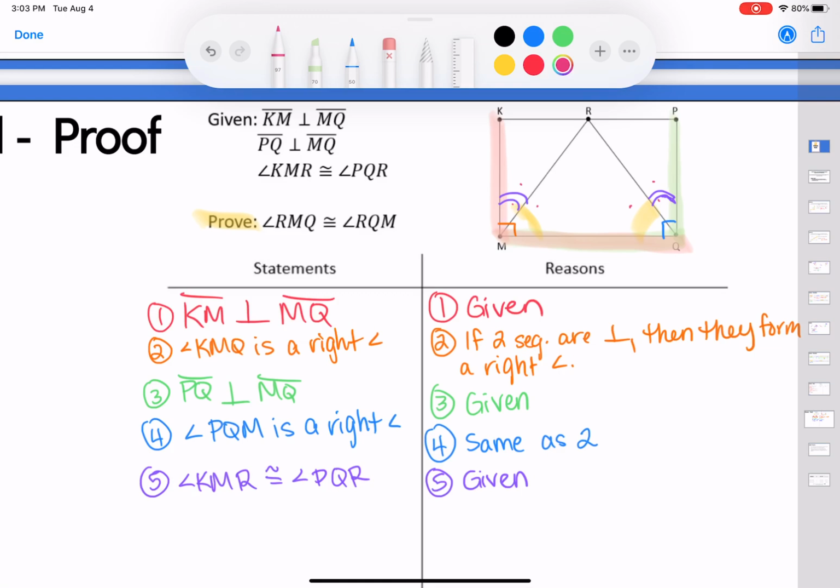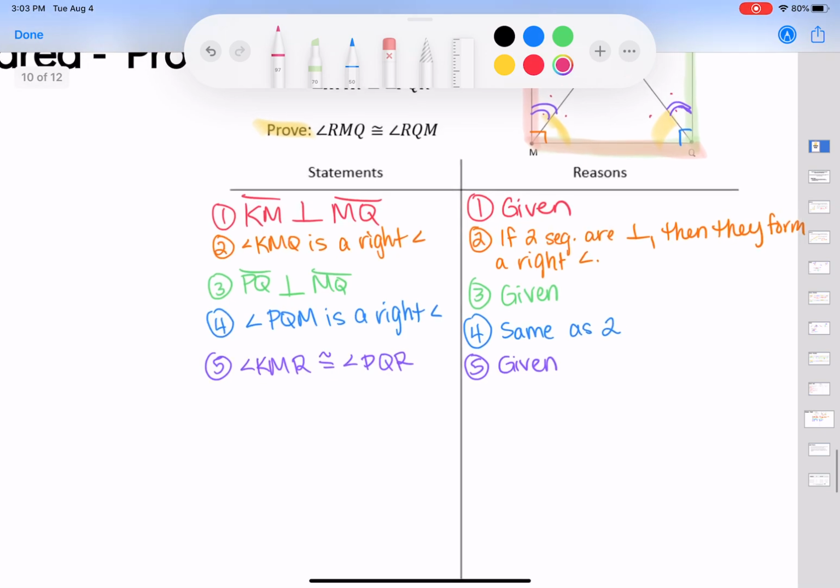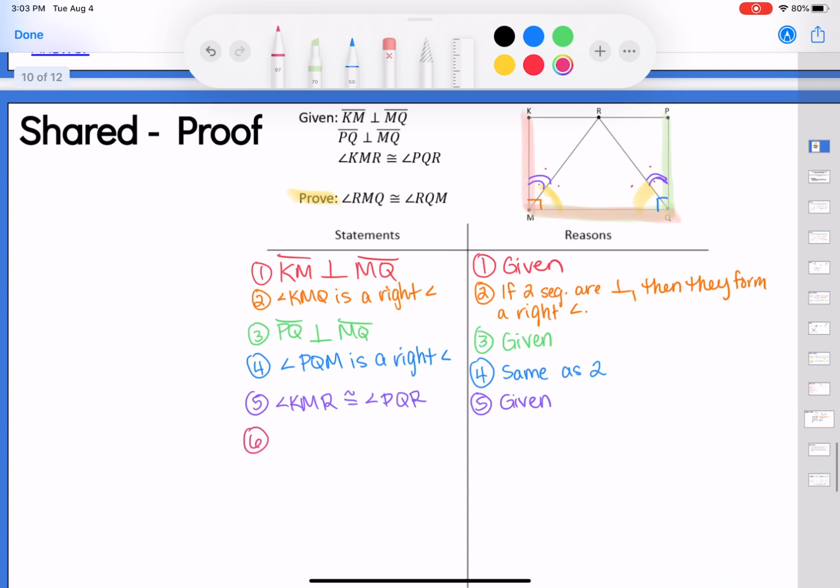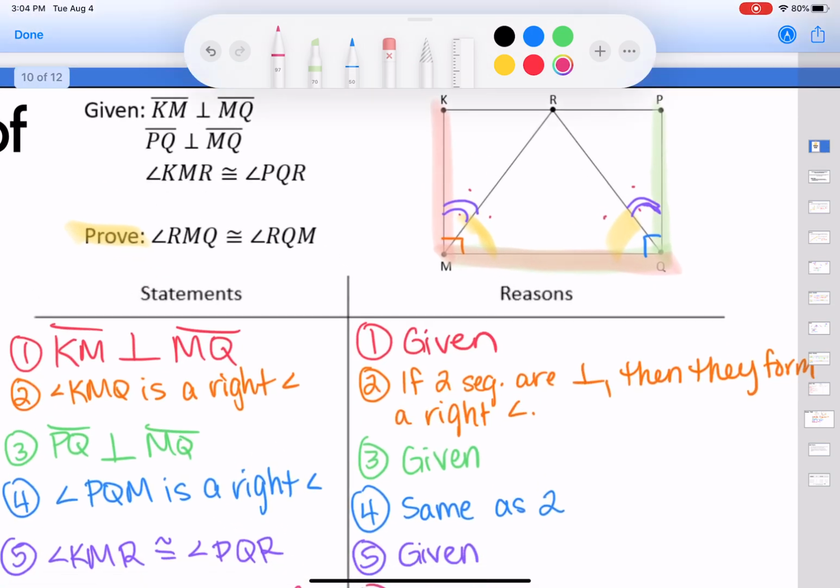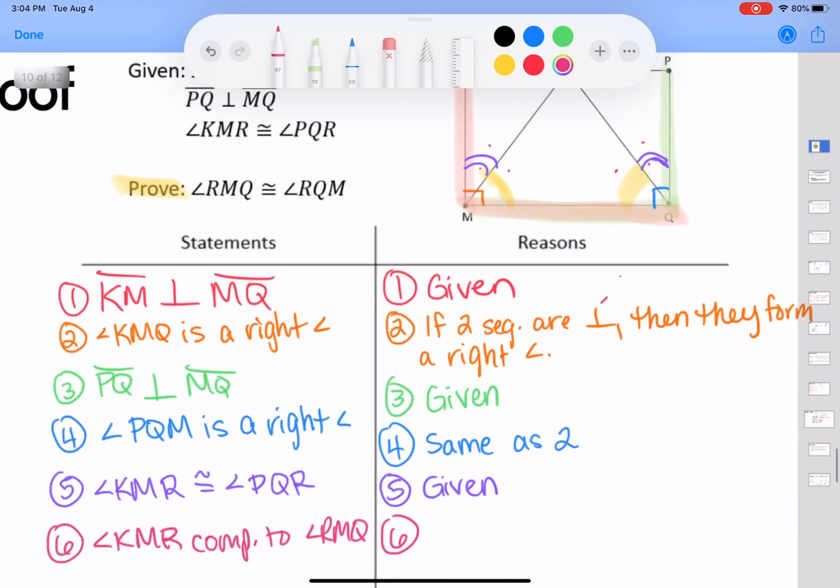So before I can do anything else, I think I got to start saying some complementary angles. So step 6, I have angle KMR is complementary to angle RMQ. You see that? These two on the left here, these two over here.